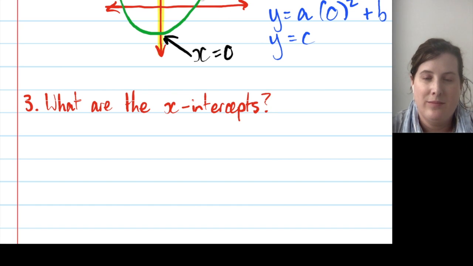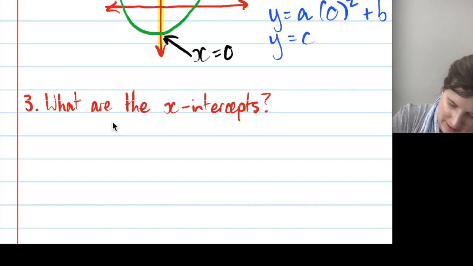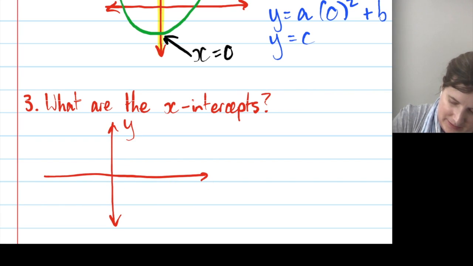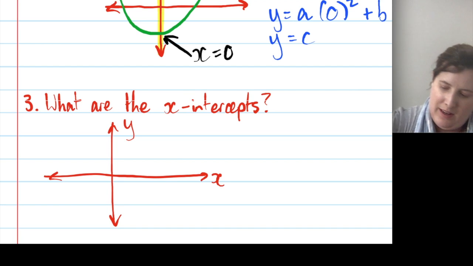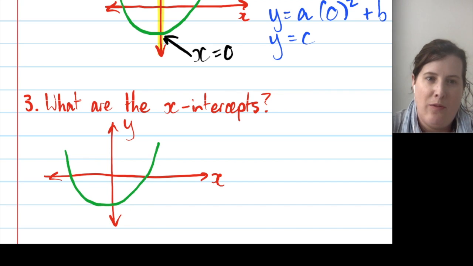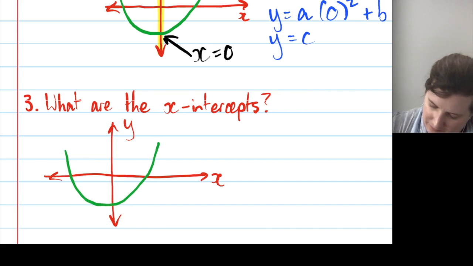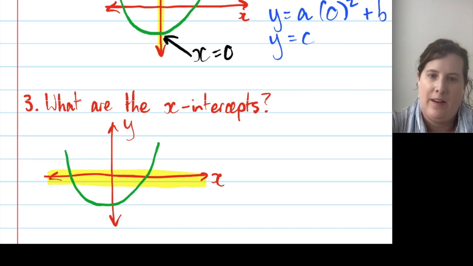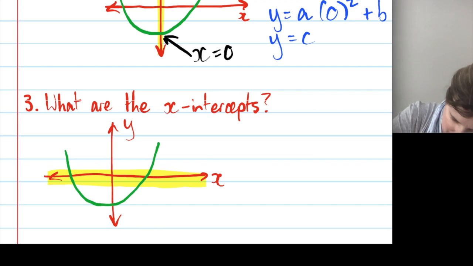Now, if we were to do another axis, y, x, and a generic parabola, the x-intercepts are literally along this line, and they're going to be here and here.